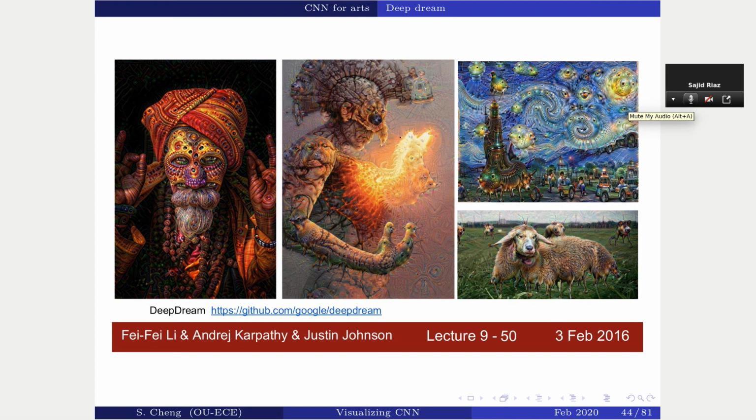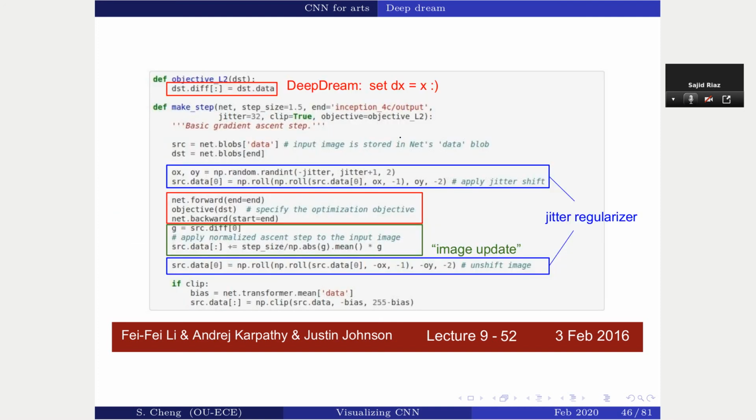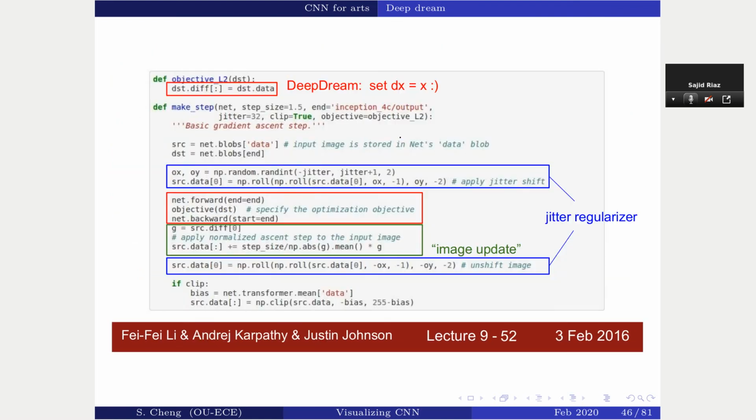You just put it into an arbitrary network, let's say AlexNet, and then they say they dream at a particular layer or level. The idea is you go into a particular layer and look at the coefficients there.